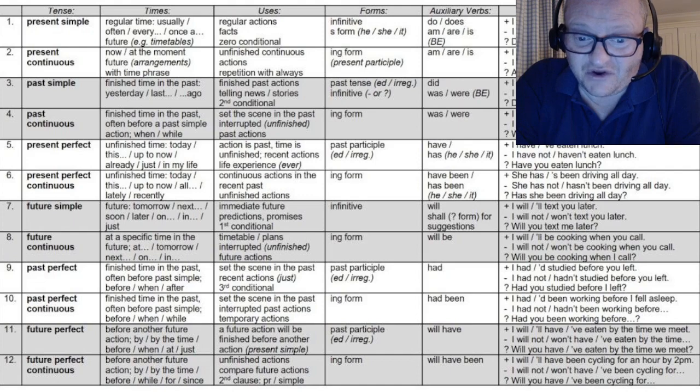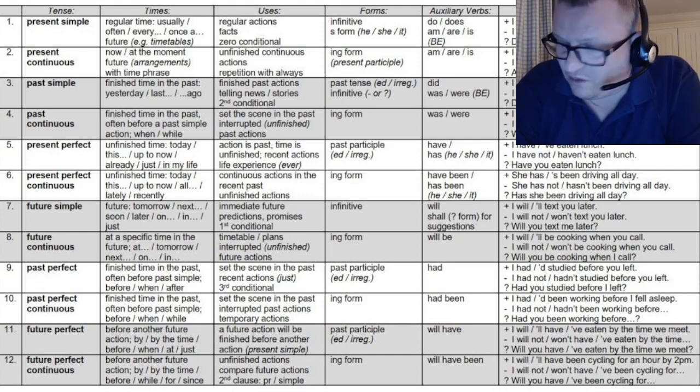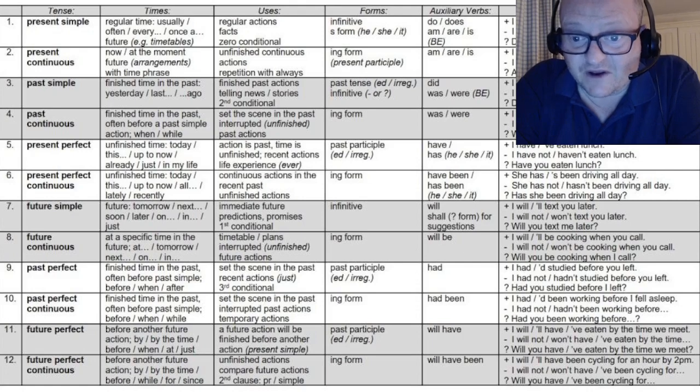We do use them, but we can't tell you why we use them or what it is even. It's just naturally embedded in our brains, just like your first language is in your brain. Will you have had lunch by the time we meet?